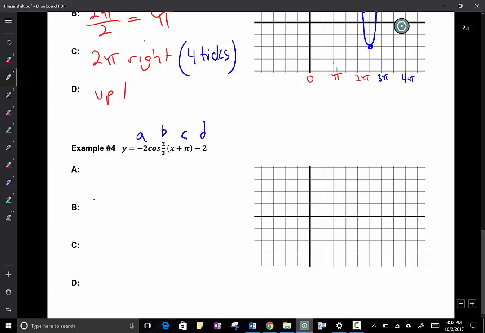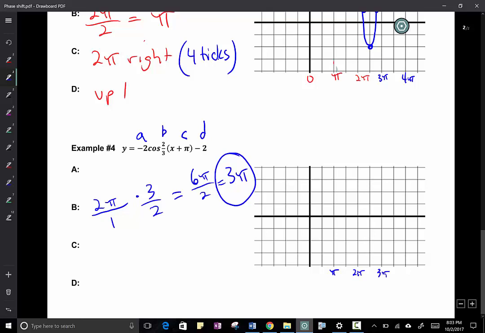Okay? My period is 2 pi divided by b. b is 2/3. Dividing by 2/3 is actually the same thing as multiplying by 3/2. So 2 times 3 is 6 pi over 2, which is exactly 3 pi. So here's my period. So I'm going to go over 1 pi, 2 pi, 3 pi. That's going to be my period.